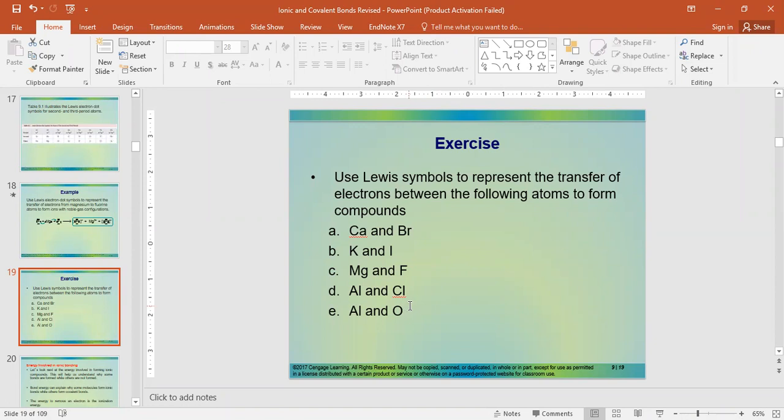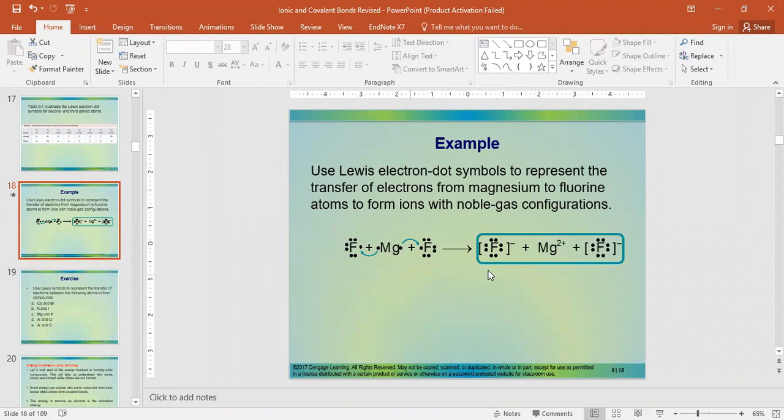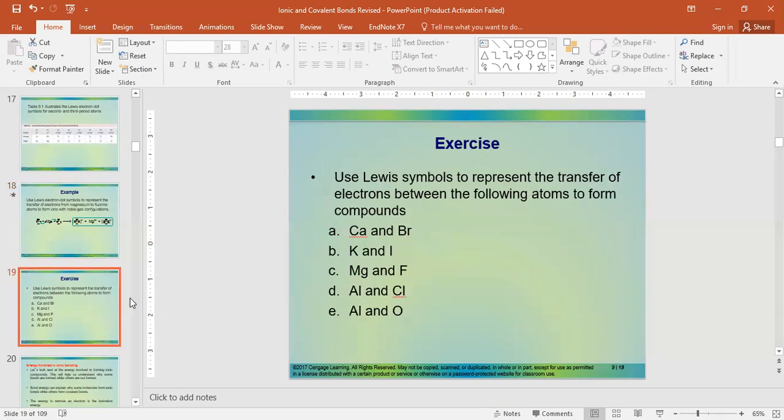What I am writing here is the formula for the compound. For you to illustrate, you'll actually show how the arrangement is. What you are supposed to do is what is shown in this particular slide here, how the arrangement is. This is what is required of you in this exercise here.